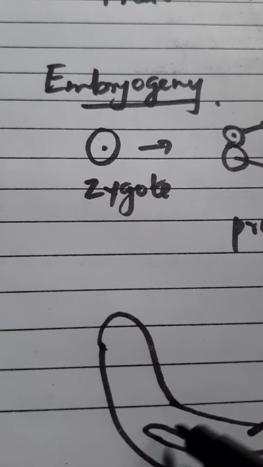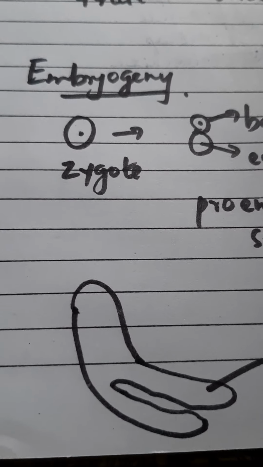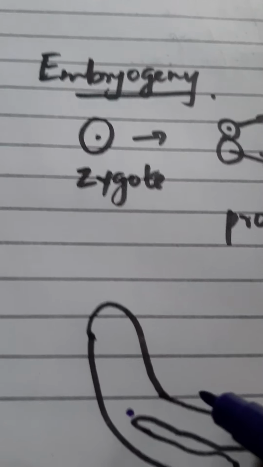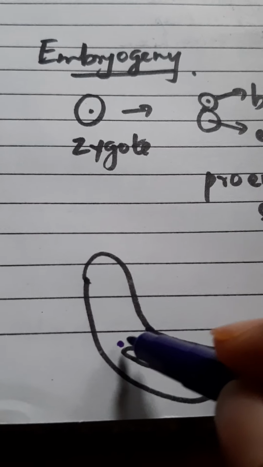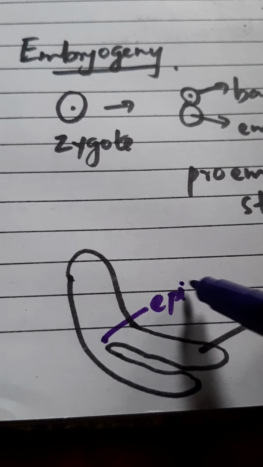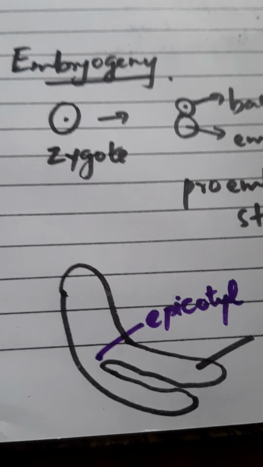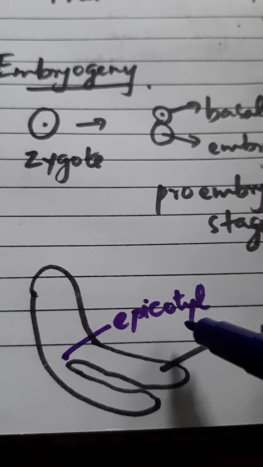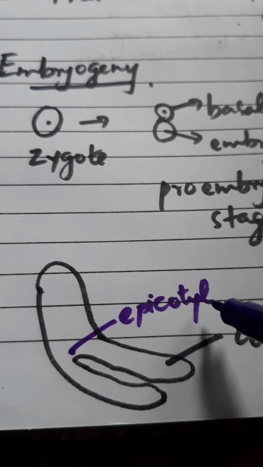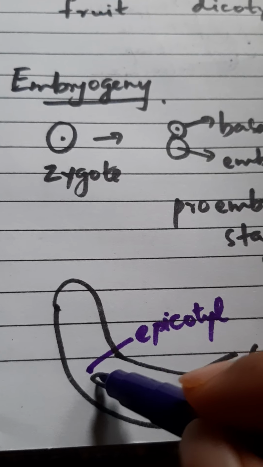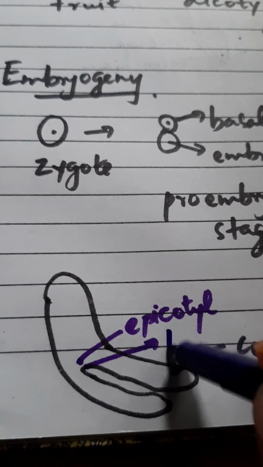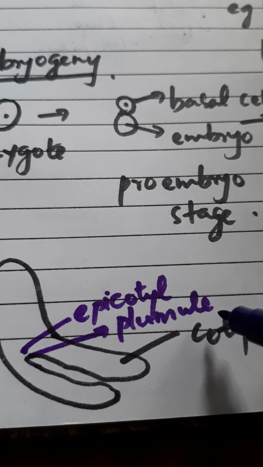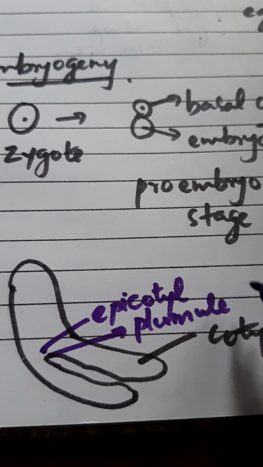In between the two cotyledons, we can see a tissue. That tissue is called epicotyl tissue. So epicotyl tissue later will form leaves, and epicotyl tissue will terminate to form the plumule. Plumule is a shoot of the plant. So they will grow up to form leaves and all the aerial parts of the plant.